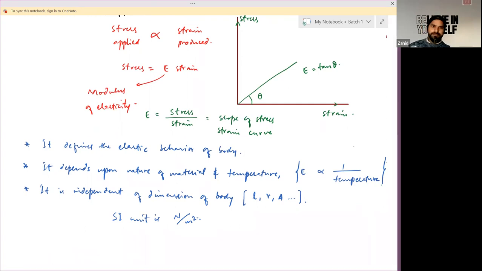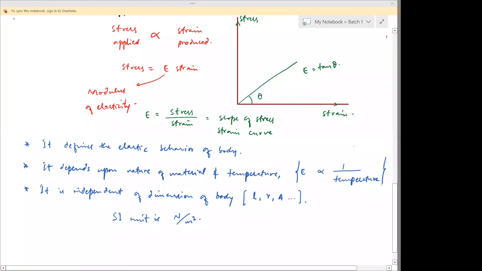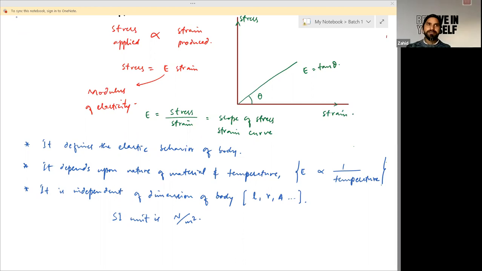Hamza, any doubt? No doubt, sir. Okay, just write it down till this part.